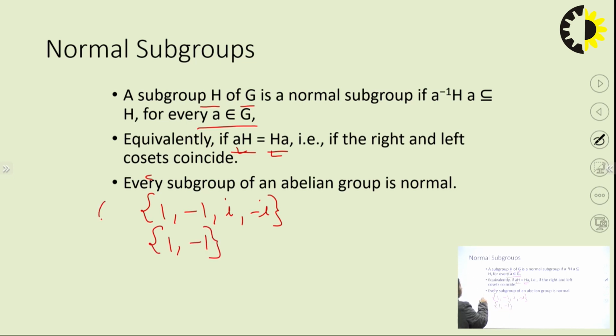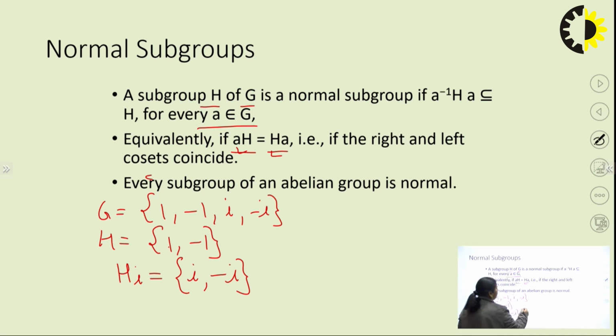This is my G, this is my H. If I calculate Hi, one right coset, it will be 1 into i, minus 1 into i, which gives i and minus i. This is my right coset. Now let me calculate the left coset.